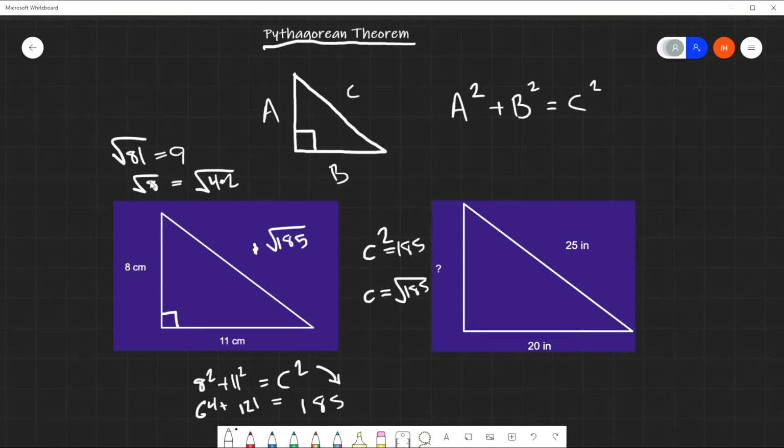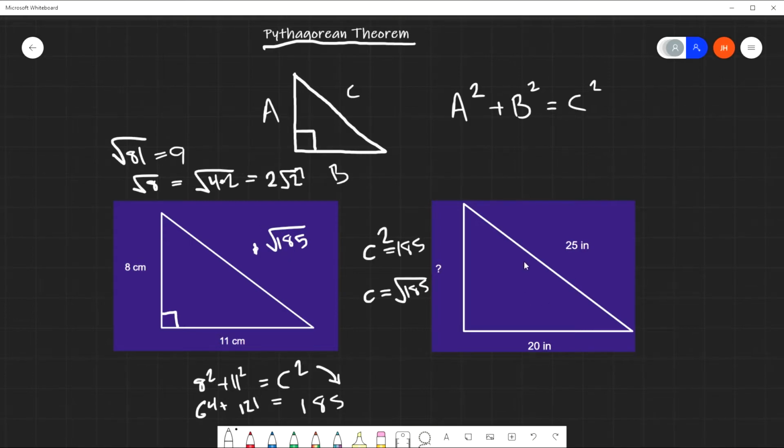So essentially I'm recognizing that the number inside my square root has a factor which is a perfect square. So I should be able to pull it out, and the square root of 4 is 2. This gives me 2 square root 2. This is the proper way to deal with square roots. Essentially, you take any factors which are perfect squares out, and you square root those, and you leave the rest of the stuff inside. However, 185, I believe, does not have any factors which can be pulled out that are perfect squares. So we're going to leave it in that form.